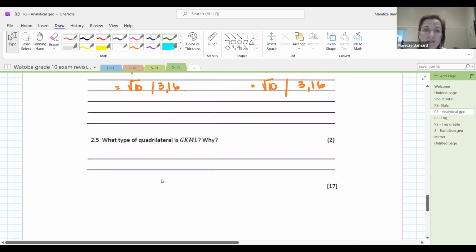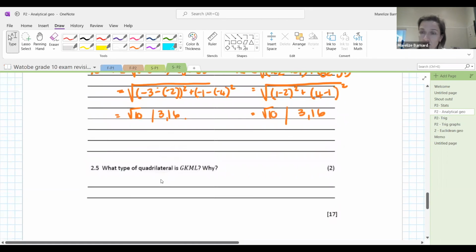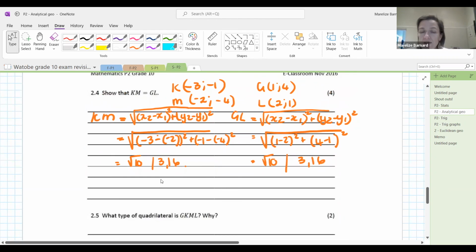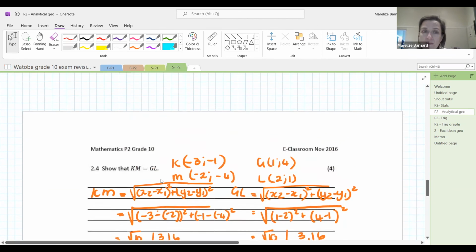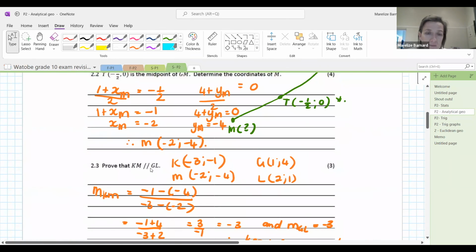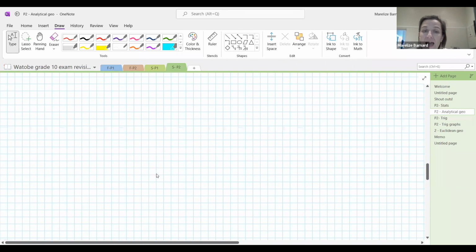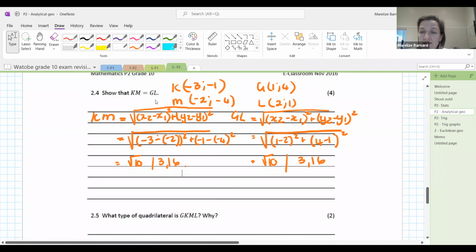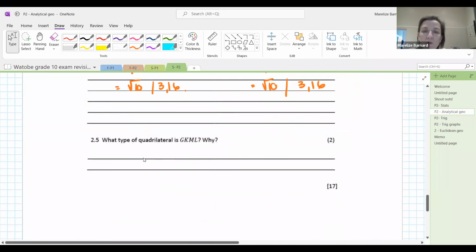Now, the last question is, what type of quadrilateral is GKML? Now, think about what we just did. We proved that KM is parallel to GL, and we proved that KM is equal to GL. So which quadrilateral is this?